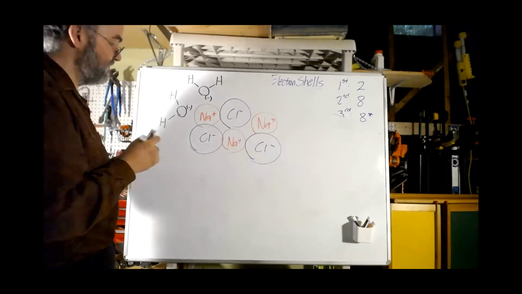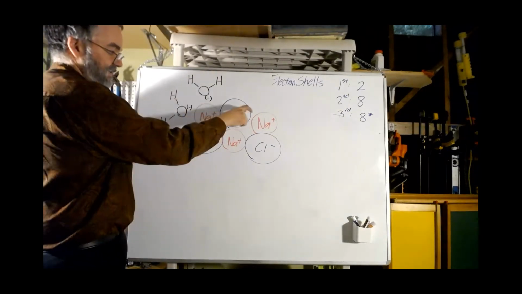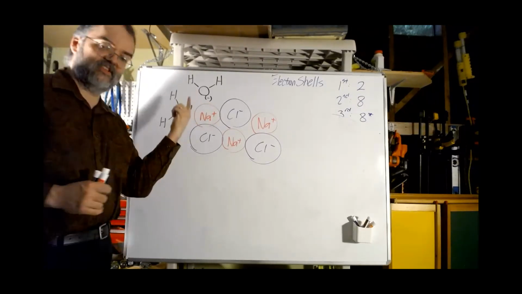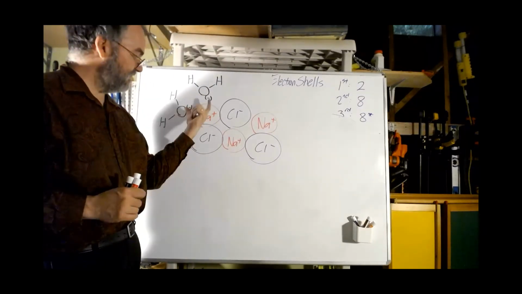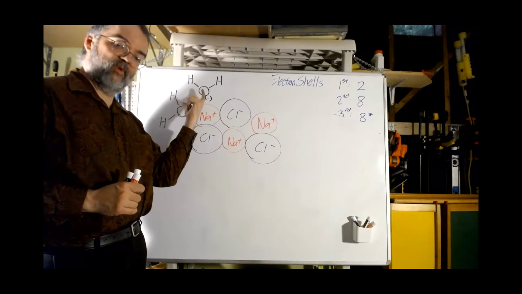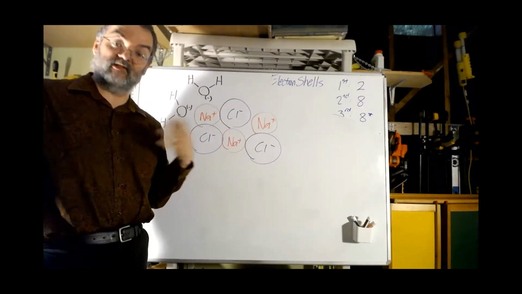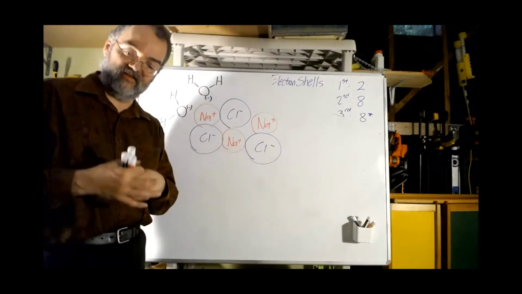Now my sodium ion, normally it sticks close to the negatively charged chlorides, but here it says, oh, but there's some other negatively charged things. I'm okay getting a little further away because I've got other negatively charged things nearby, so I don't feel like I'm a lone charge out here.